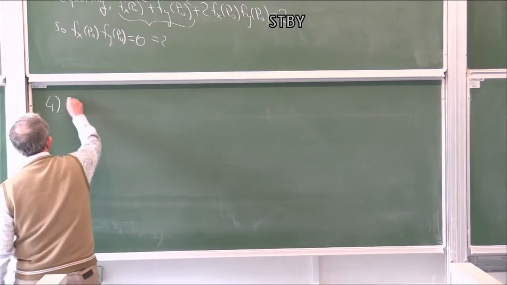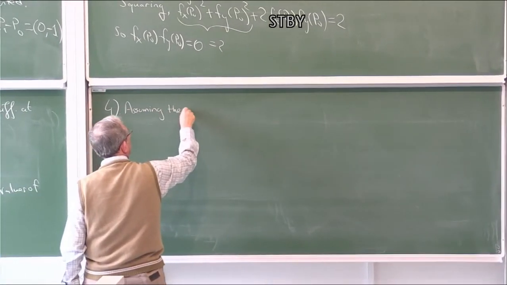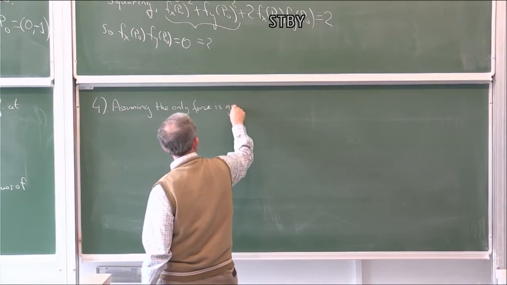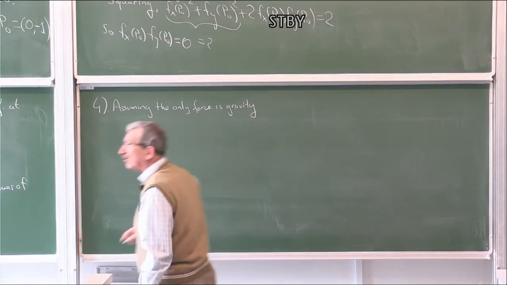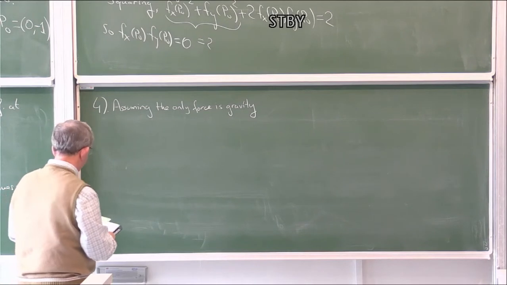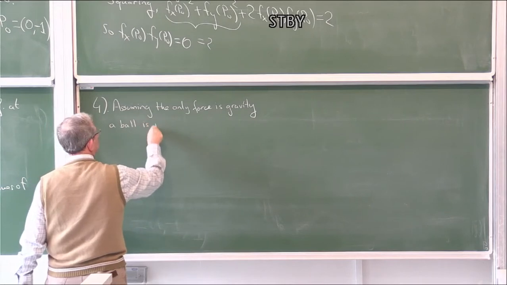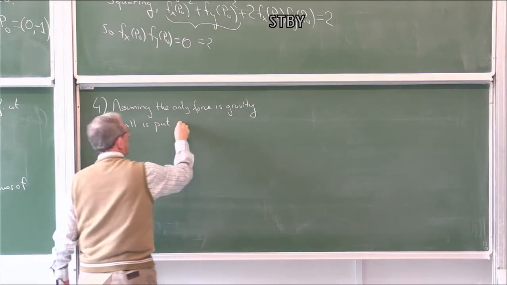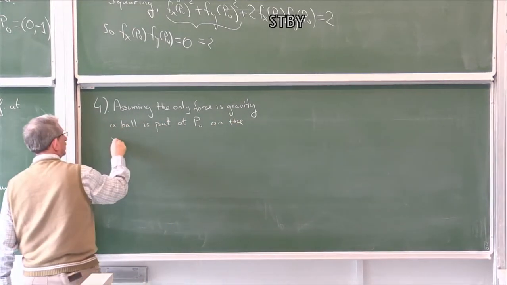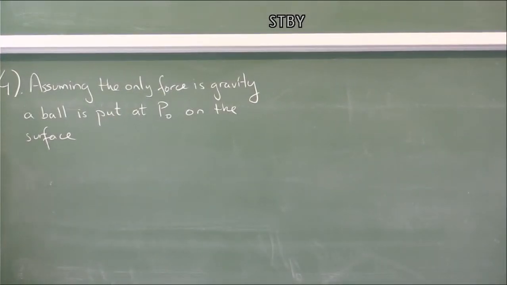Assume the only force is gravity, meaning there is no friction and other problems concerned with it. A ball is put at P0 on the surface. Of course, the ball is not a large physical ball, it's a point.